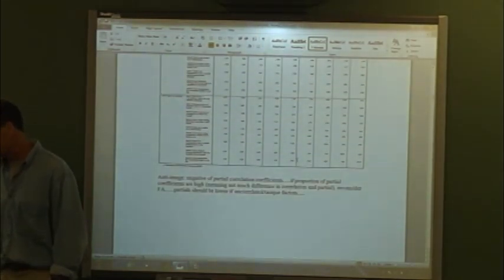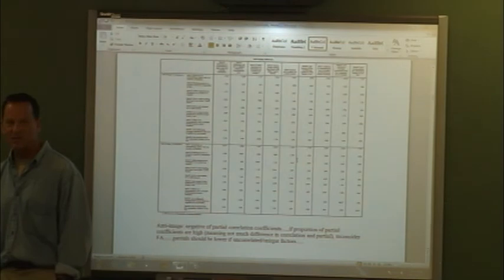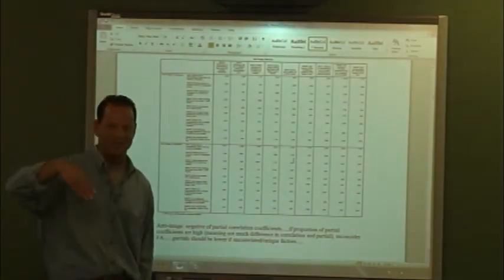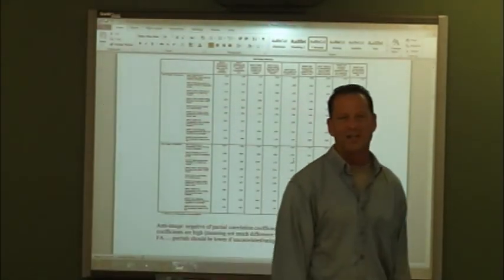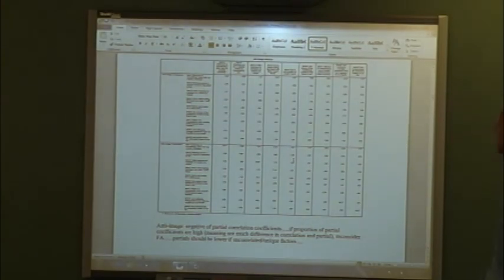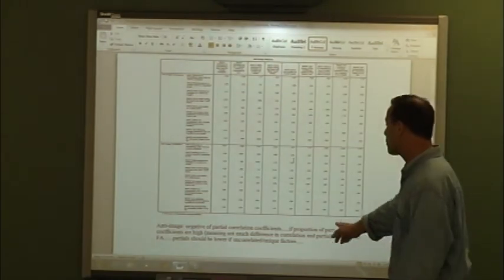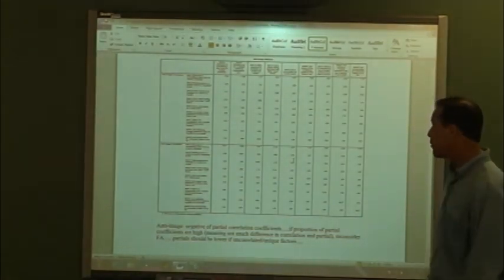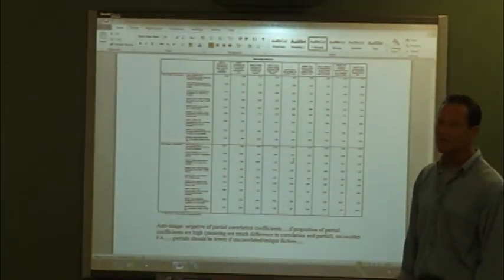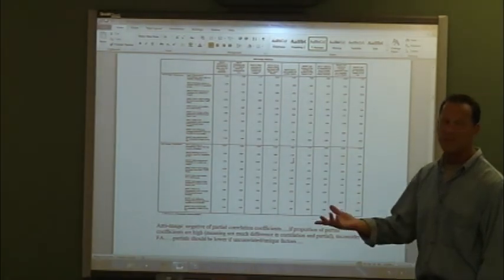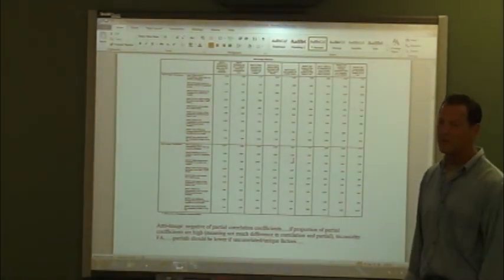You will never have to worry about this matrix. It gives you lots of matrices. You will probably never have to worry about the anti-image matrix. It's the negative of the partial correlations. If I partial out the other variables, I can see what's left over. If the proportion of high partial coefficients is large, you may want to reconsider factor analysis, because it means the items aren't sharing much information.